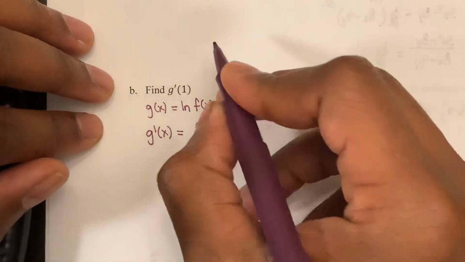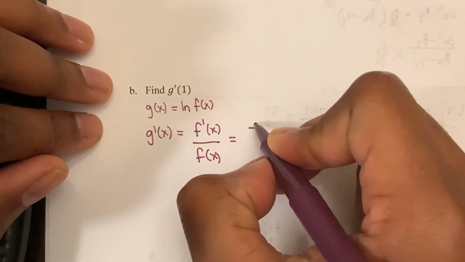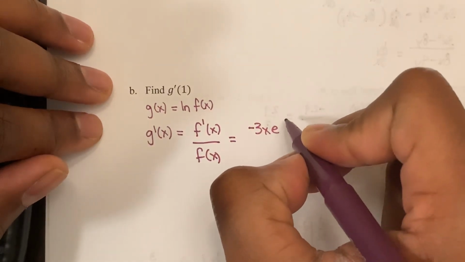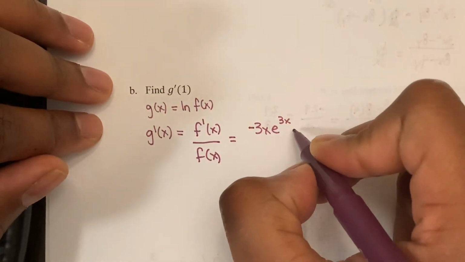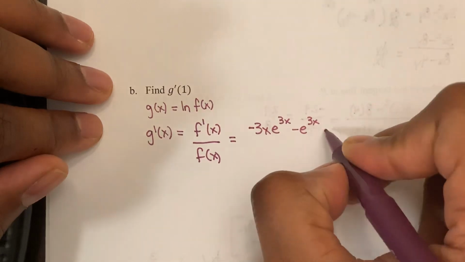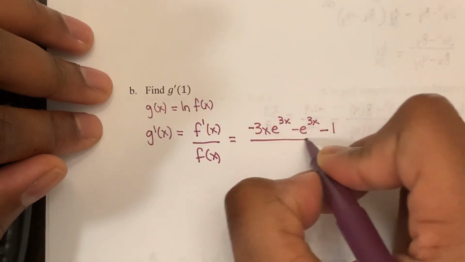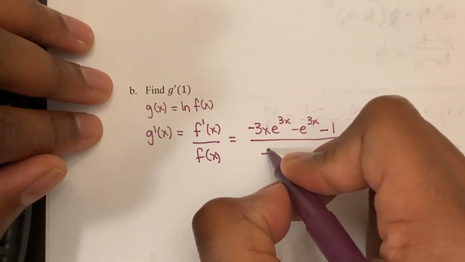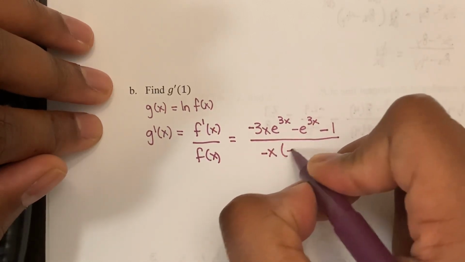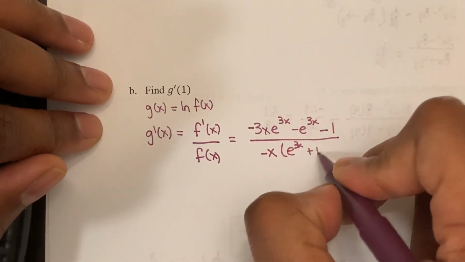But from the previous step, we know that f prime of x is -3x e to the 3x minus e to the 3x minus 1. And so divided by the original, which is -x times e to the 3x plus 1.